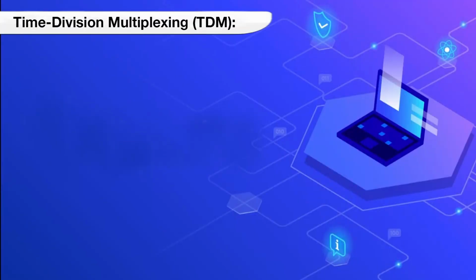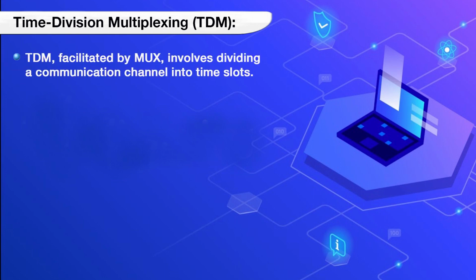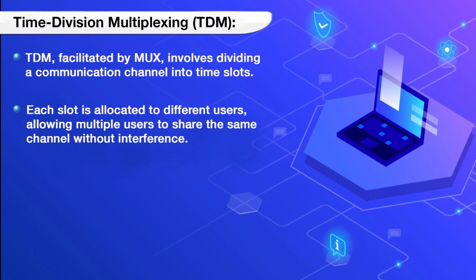Time division multiplexing, also known as TDM. TDM, facilitated by the multiplexer, involves dividing a communication channel into time slots. Each slot is allocated to a different user, allowing multiple users to share the same channel without interference.